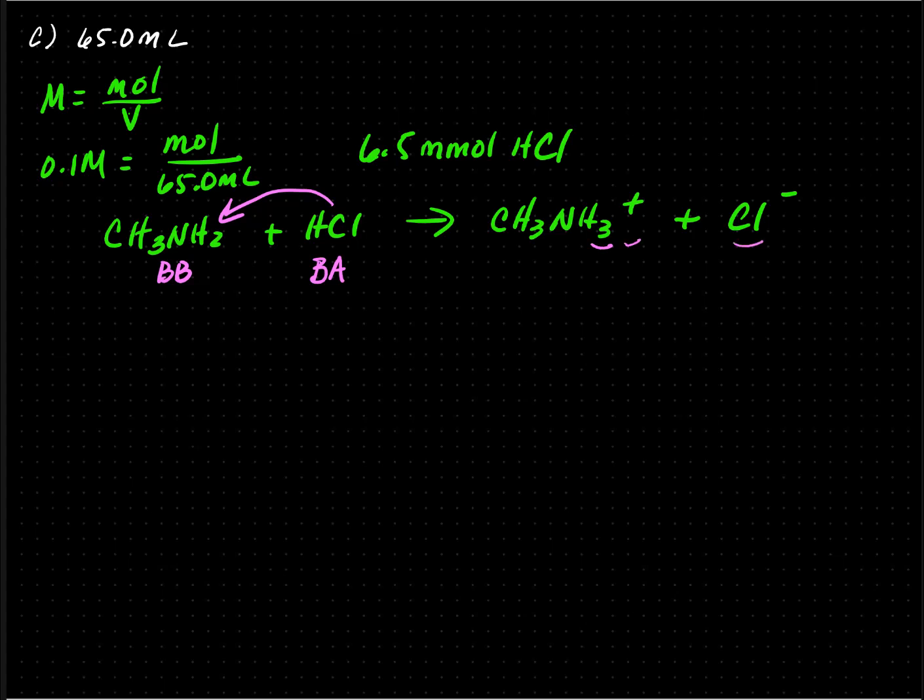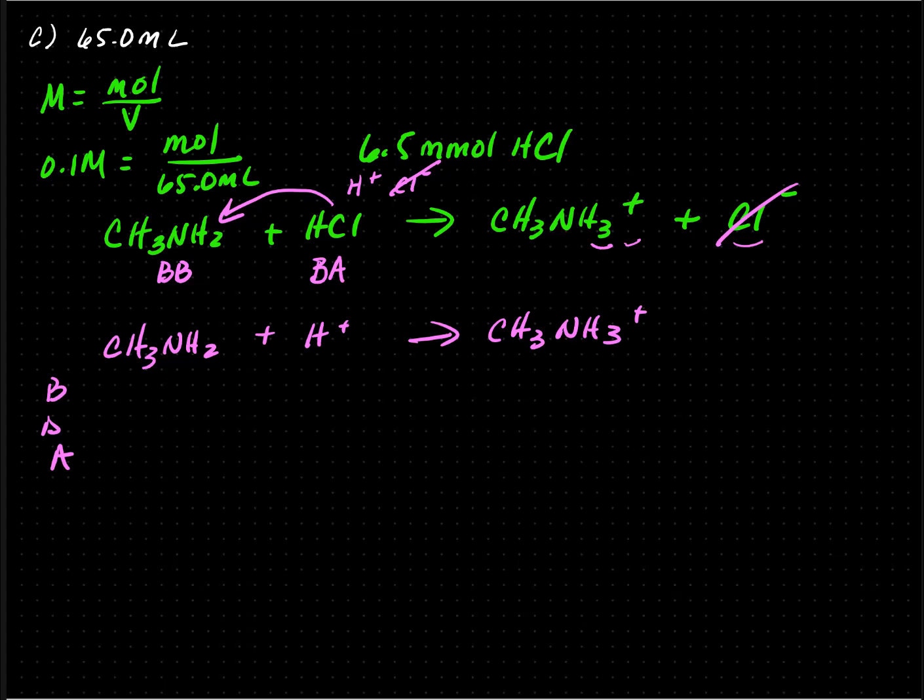What's left over is the Cl minus. Since hydrochloric acid is a strong acid, it dissociates into H plus and Cl minus. And you notice there's a Cl minus on both sides and they cancel out. So my equation becomes CH3NH2 plus H plus yields CH3NH3 plus.